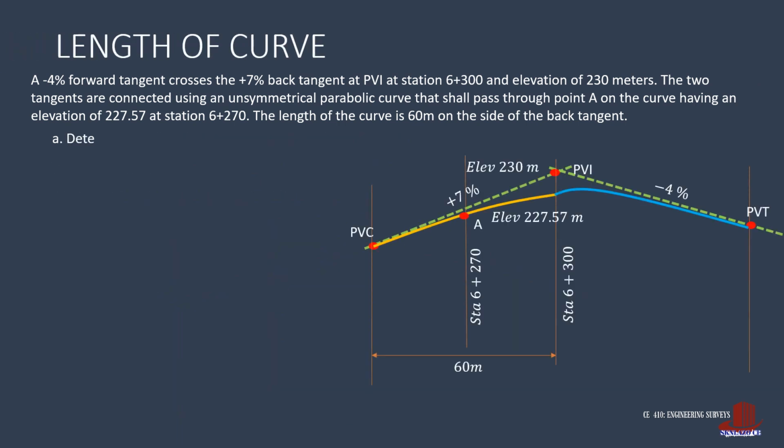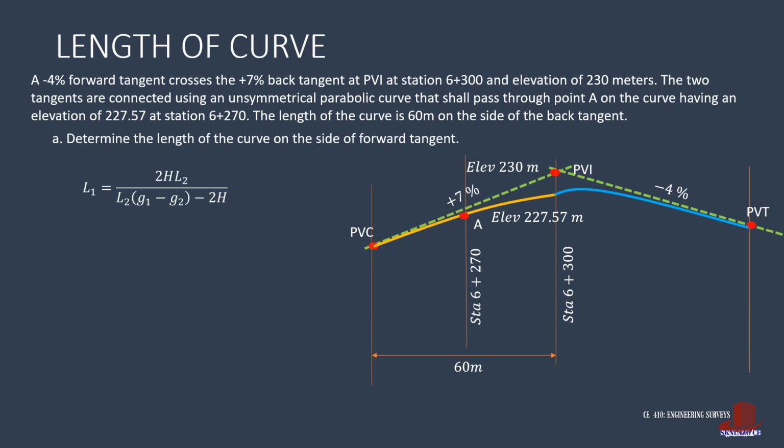Starting with the length of the curve, what we got is the function for L1 as equal to 2h times L2 upon the length of the second curve times the difference of the grades minus 2h. There are a number of unknown parameters.